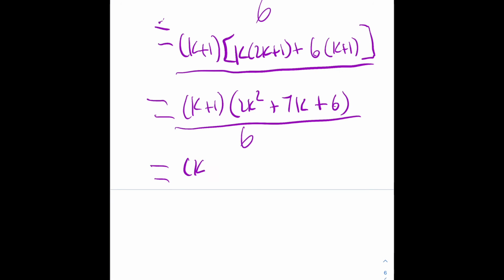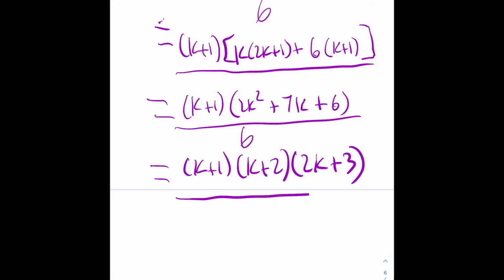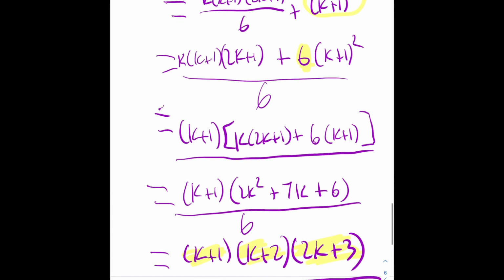As we get down to it, what you want to start noticing is that if you're doing it correctly, things are going to start canceling out and combining like terms. That's the goal. If we're proving that it works and we know that it works, you need to self-check and say, am I getting things that are going to combine? Am I getting things that are going to add up?